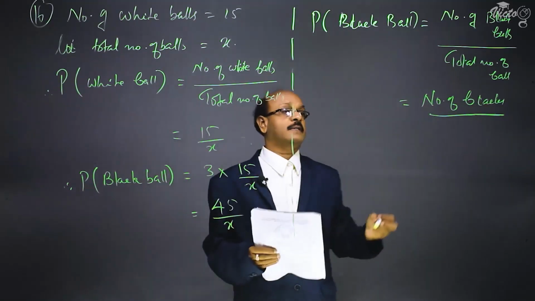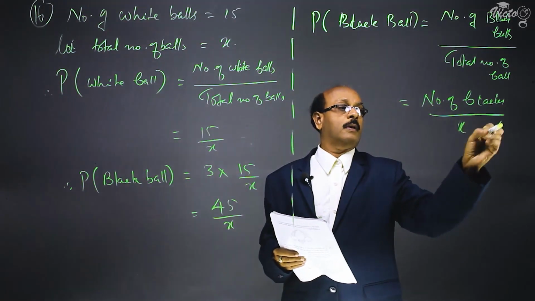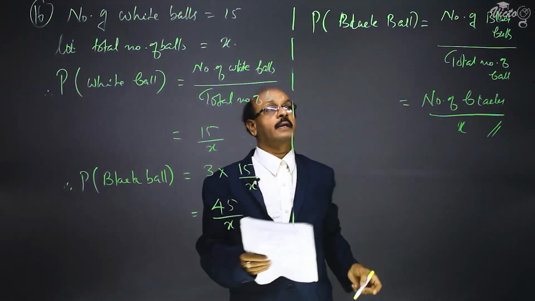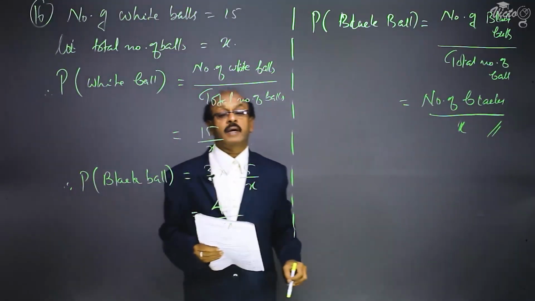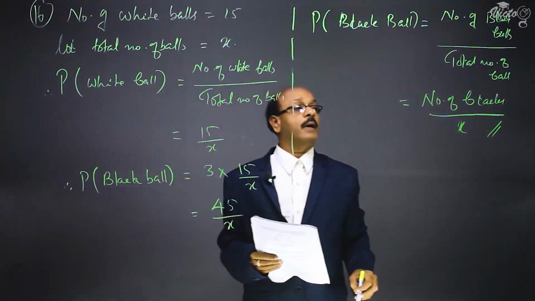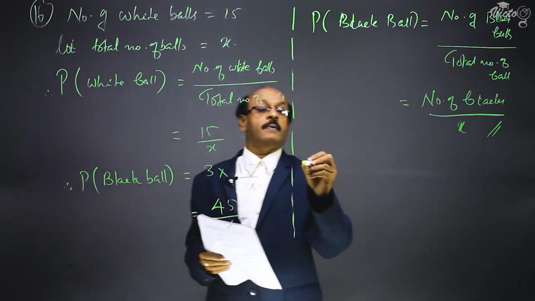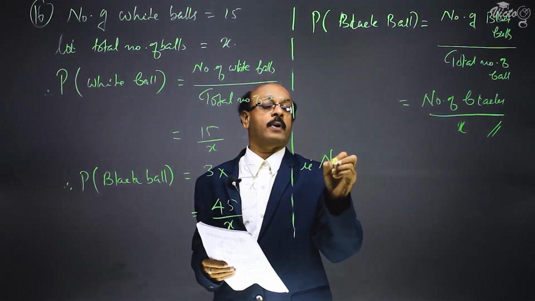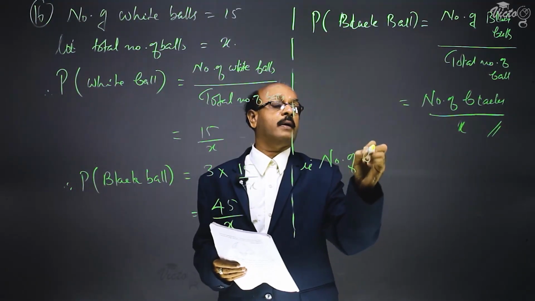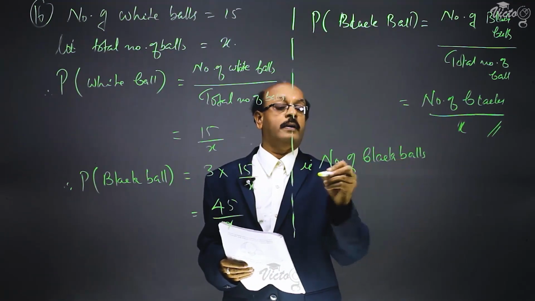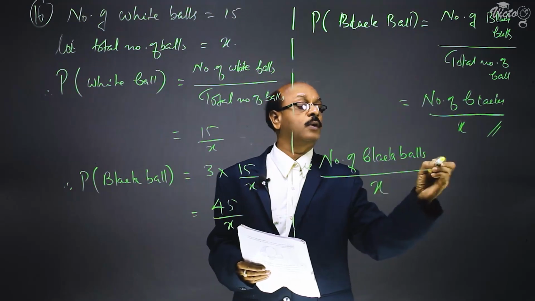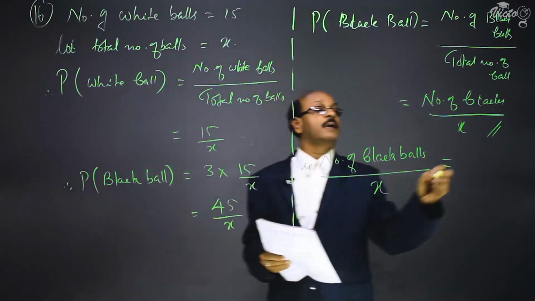We assumed it as x. Here also it is probability of getting a black ball. That means number of black balls divided by x is equal to 45 by x.